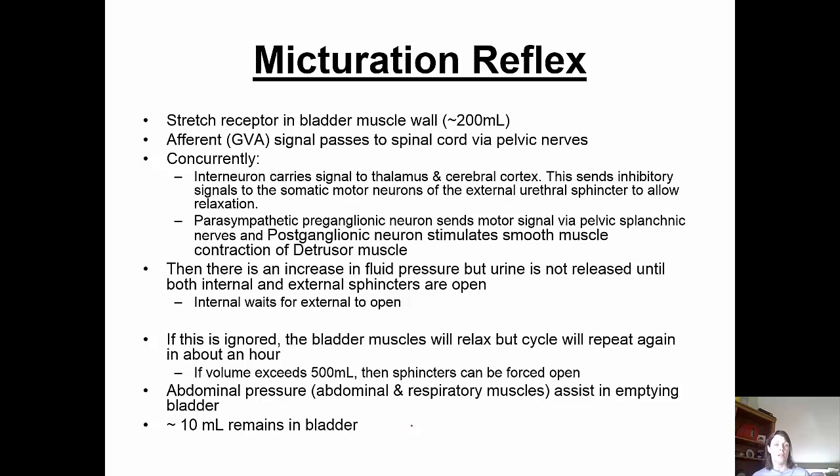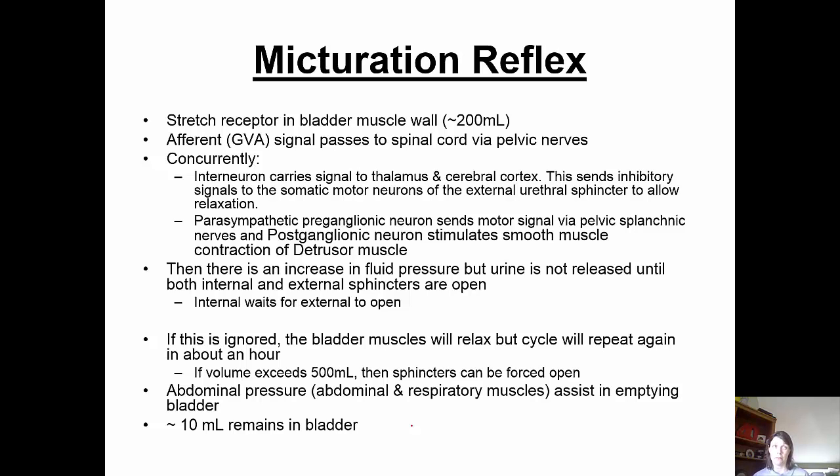There are receptors in the walls of the bladder, being smooth muscle, and when they stretch at about 200 milliliters, there's a signal that goes GVA, because remember GVA is going to be sensory of organs, so you're going to get that signal, and it's going to go to the brain, and it's going to say, hey brain, you can relax your external urethral sphincter if you want. Meanwhile, it's going to send another signal to your smooth muscle, and it's going to start contracting it. The detrusor muscle is going to contract, but until both sphincters are open, it's not going to release.